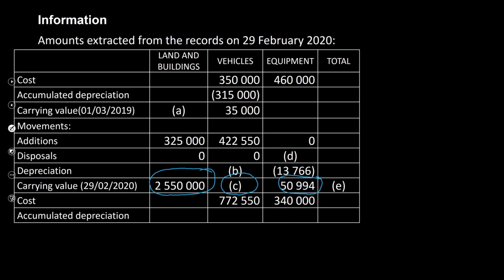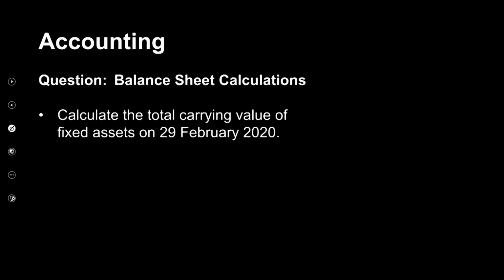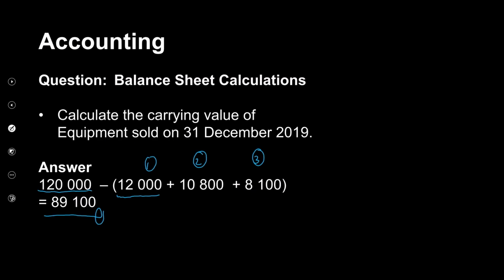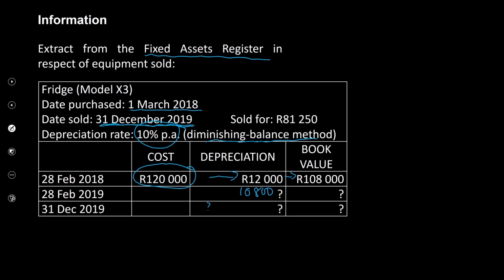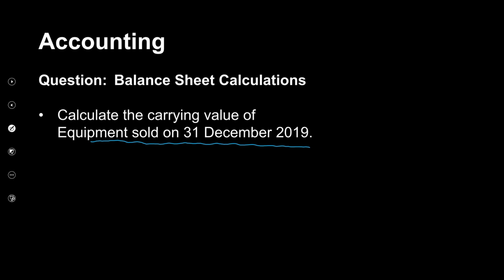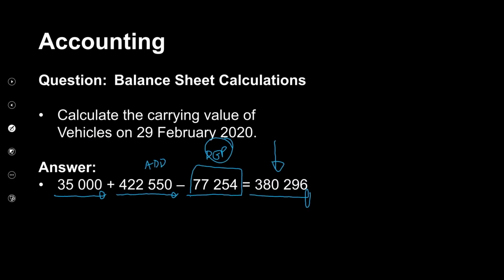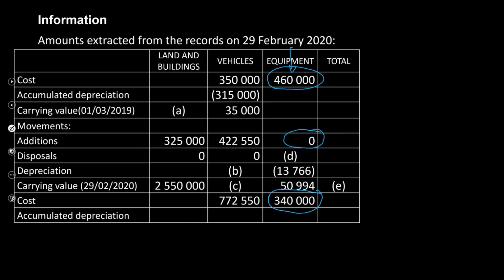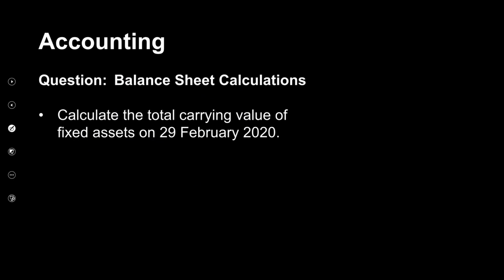Going back to the vehicles, just to pick up our figure there, we calculated it. Remember, it was, where's that figure? Let's get it here. The total value of my vehicles there was 380,296.